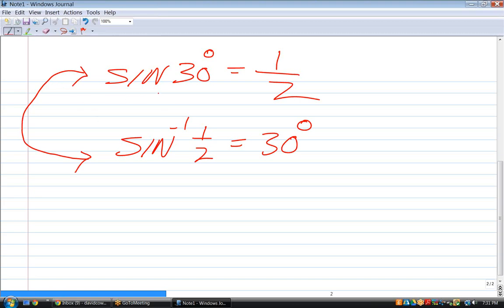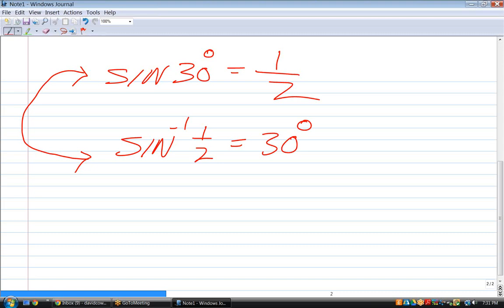What's important to understand is that if we take the trig function of an angle, we get a number or a ratio. Well, if you take the inverse trig function of that number, you get the angle. That's the definition of inverse.